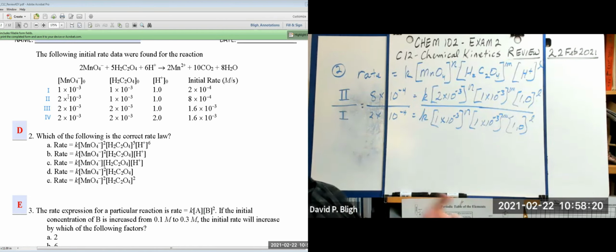So this will be 2 times 10 to the plus 5, right? Minus 4 minus a minus 9 gives you a plus 9. Minus 4 is 5. And 2 divided by 1 is 2. So 2 times 10 to the 5th would be the K value for this data set. It didn't ask for it, but while we're here, I might as well.